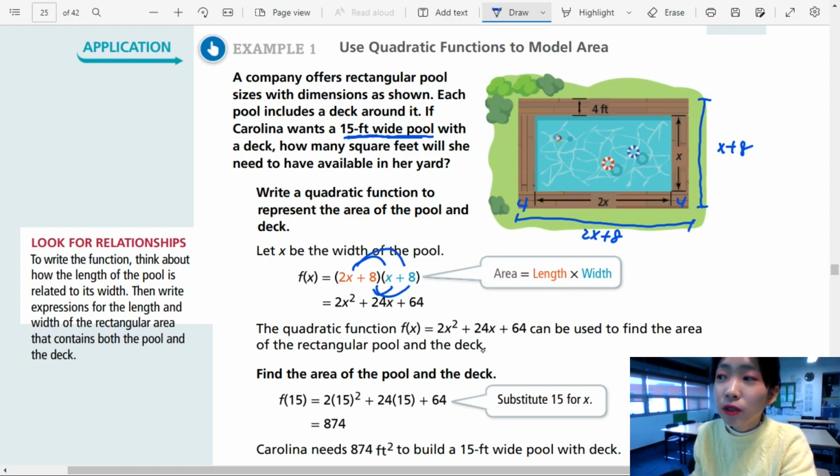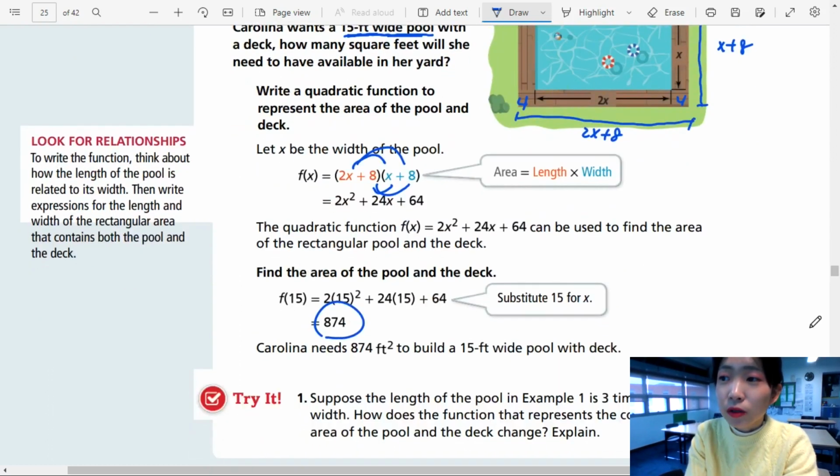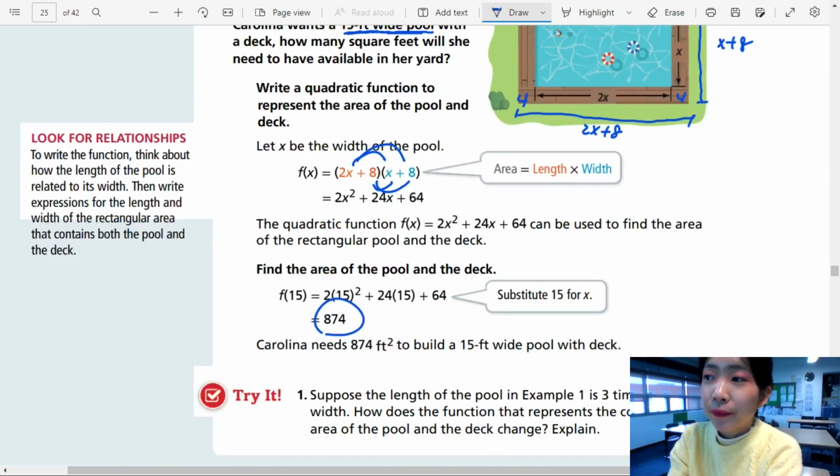So you're going to substitute 15 for x in your equation and see what that equals to. So she needs 874 feet squared to build a 15 feet wide pool with deck all together. That's what we wanted to figure out. So if you use the equation when you have an unknown variable and figure out using the information, you can easily figure that out. So let's look at try number 1.